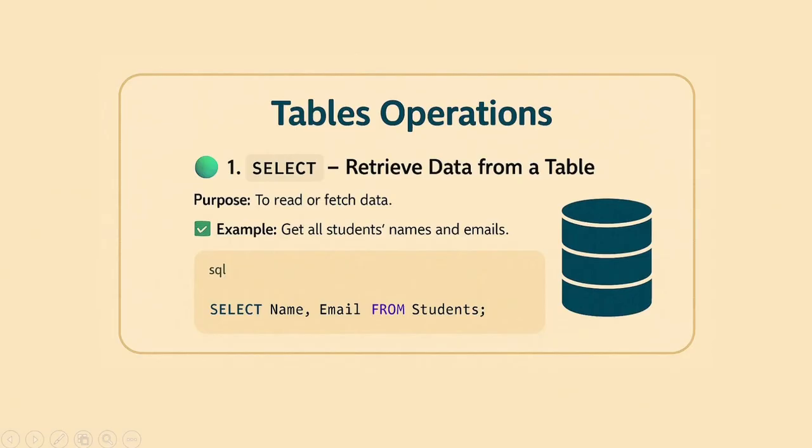How to use select? The syntax is like this. Select, for example, we can select 2 attributes, name and email, name, comma, email, from the name of the table. The purpose is to read from the table. Okay.